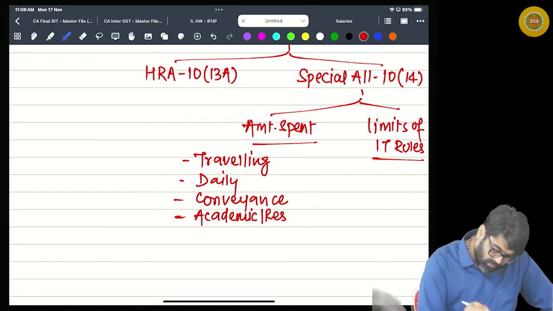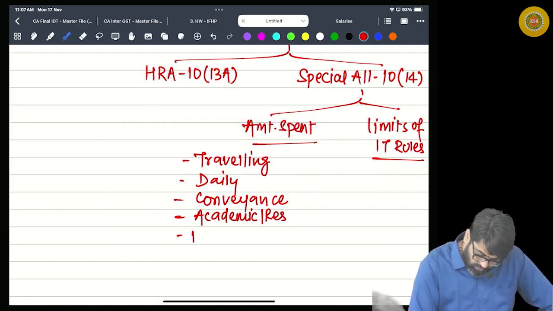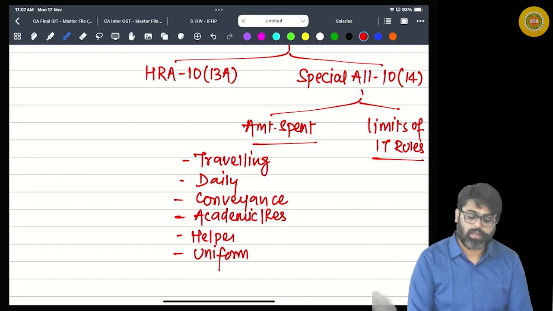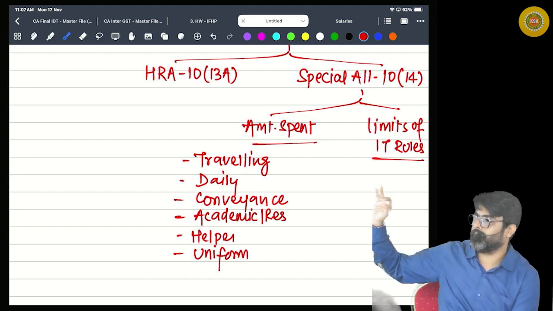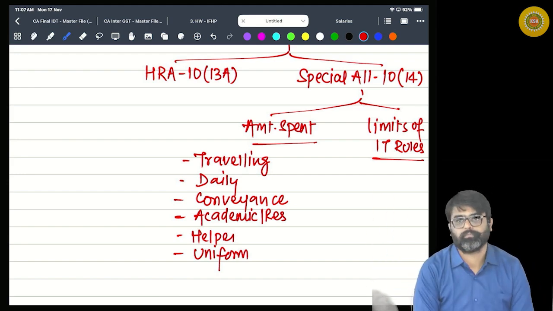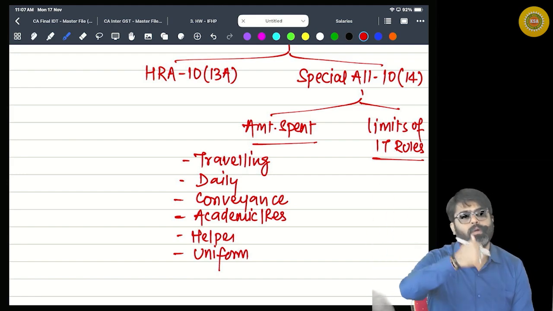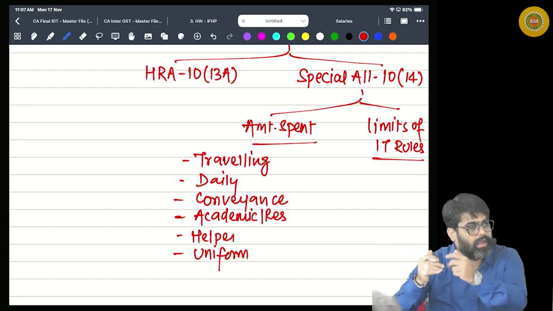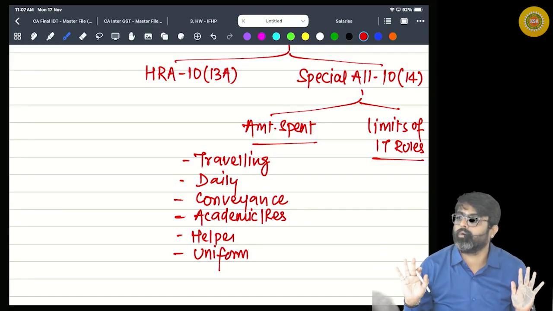Okay. Then next one, helper, and then uniform. Done, sir. Now whatever amount of these allowances you are receiving, if the entire amount is spent, entire allowance is exempt. Yes or no?